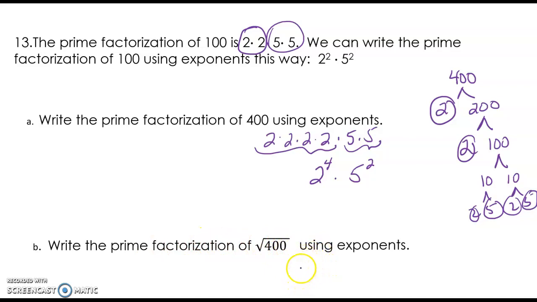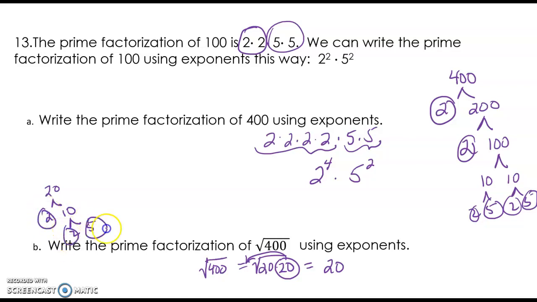Now they're trying to show you something here, and I'll tell you what that is in just a second. The square root of 400 is, you've got 2 in the house, you take 1 out, 20. If I'm going to do a prime factorization of 20, 2 times 10, 2 times 5, I get 2, 2, and 5. So this is equal to 2 times 2 times 5, which is 2 to the 2, 5 to the 1.